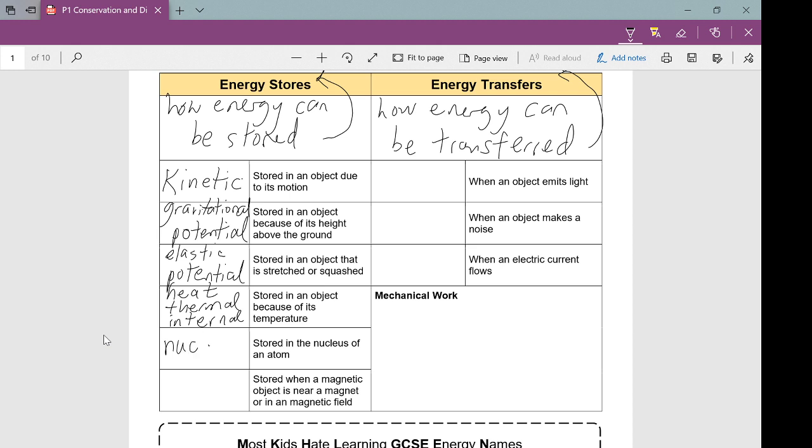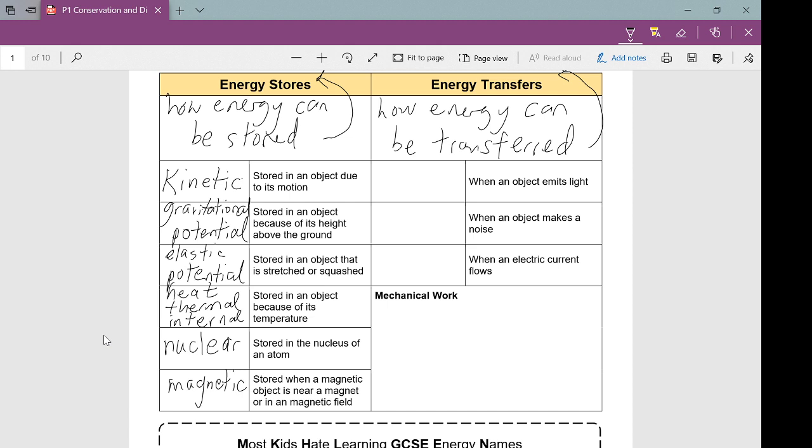And then once again, the last one is within the name itself: stored when a magnetic object is near a magnet or in a magnetic field. Magnetic. Very good. So those are the ways that energy can be stored within an object.